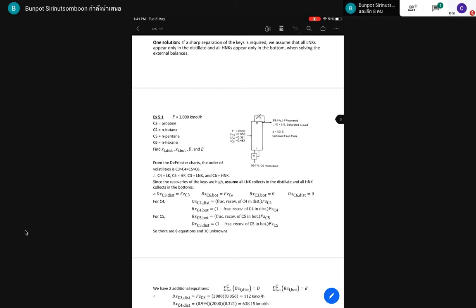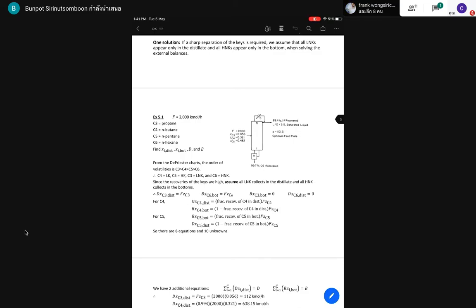Other compounds will be non-key, whether light non-key leaving the top or heavy non-key leaving the bottom. So again, the first step is to identify all the compounds and whether they are light key, heavy key, light non-key, or heavy non-key. After that, we do the overall balance.